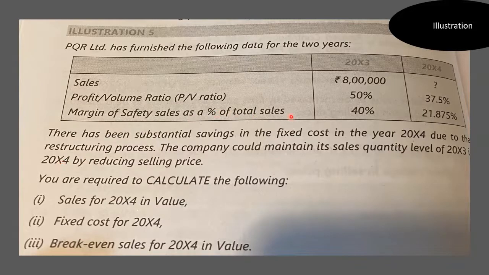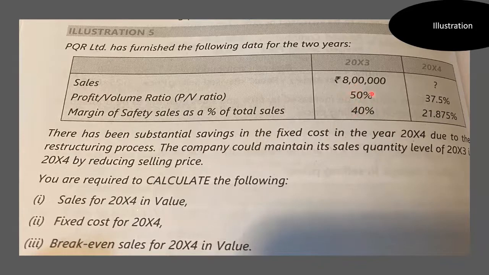Clear? If the total volume remains the same, what does it mean? Variable cost remains the same. Isn't it? Your variable cost does not change unless the volume changes. So if we find variable cost here, we can take the same variable cost here also because the volume is the same.